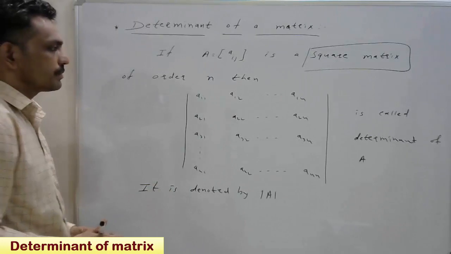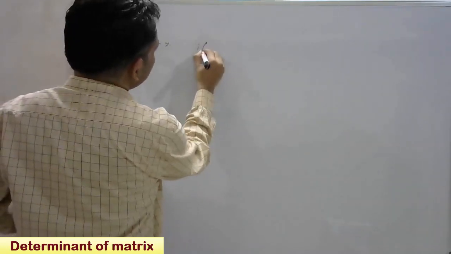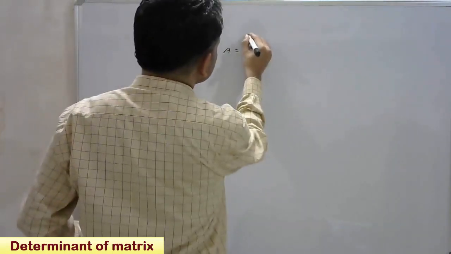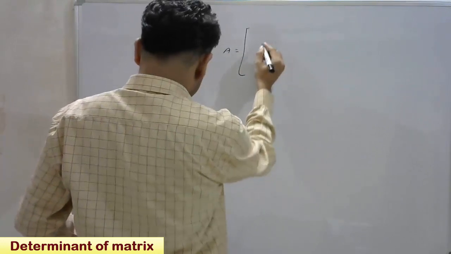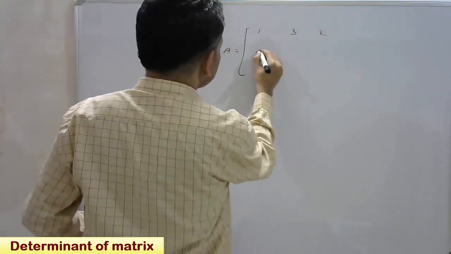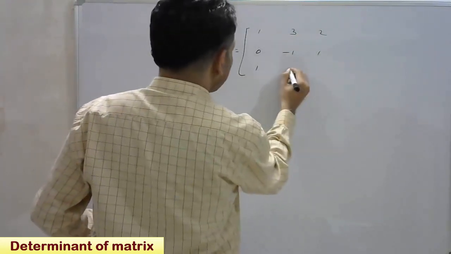For example, if A is equal to the matrix with rows 1, 3, 2; 0, minus 1, 1; 1, 2, 0.